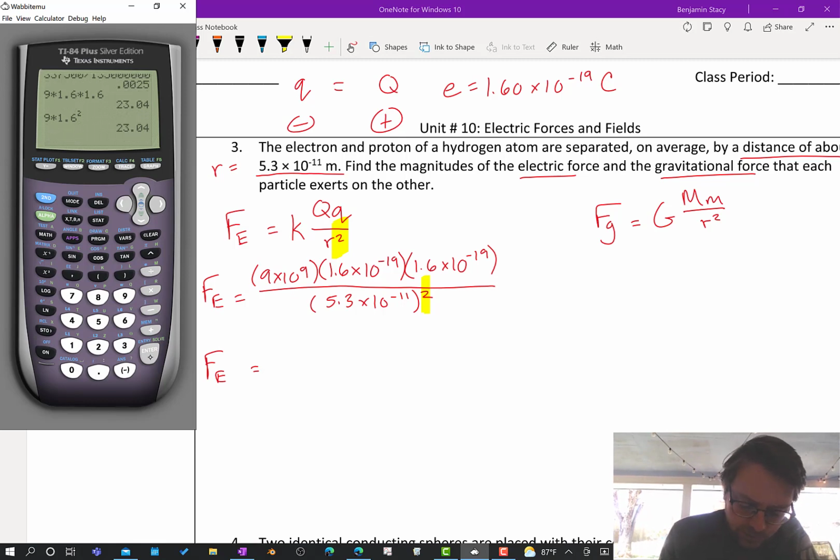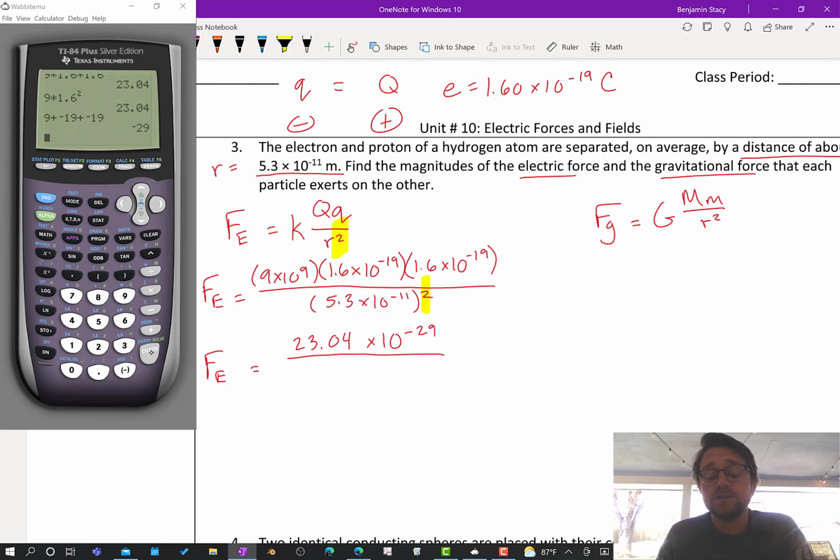So I've got 23.04 up top. Deal with my exponents. I've got 9 plus negative 19 plus negative 19. That's 9 plus negative 38. Or I could put it all in my calculator like this. Make sure I'm using the correct minus symbol there. So minus 29, times 10 to the minus 29.